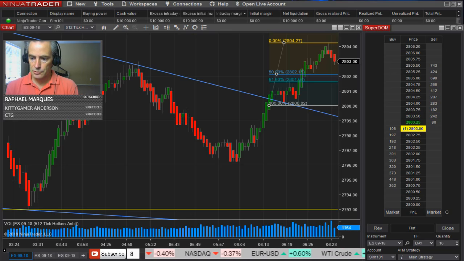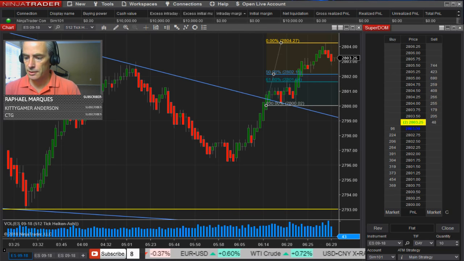After the first hour of trade, after the 10 contract challenge, we'll get back into our normal strategy with the 2 contracts.